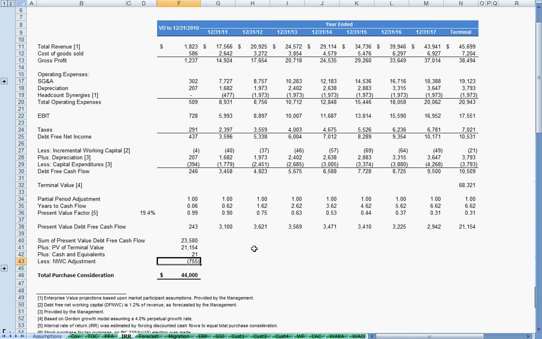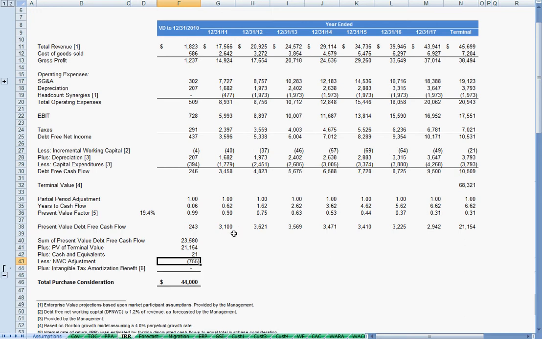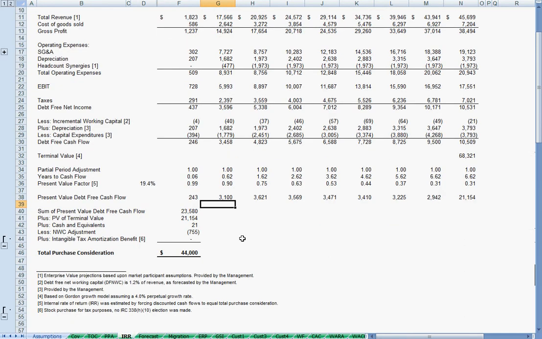The net working capital adjustment is an additional investment or potentially a draw that the client can make as a result of this acquisition. In other words, if the balance sheet of the acquired entity has excess net working capital, then that actually reduces the cost of that acquisition. If the acquired company has a shortage of net working capital, then additional investment in the balance sheet is required. So this number reflects that.